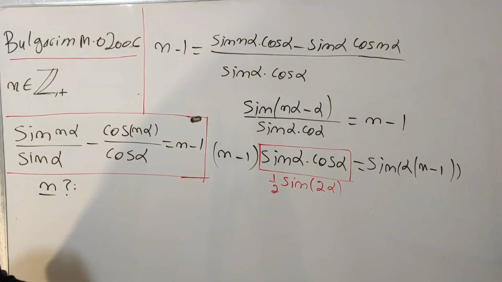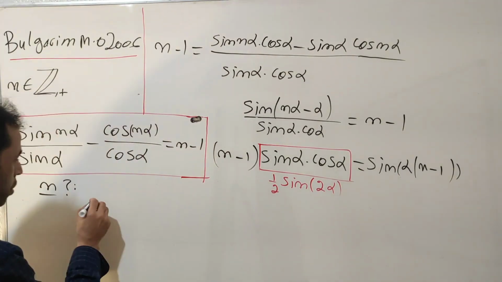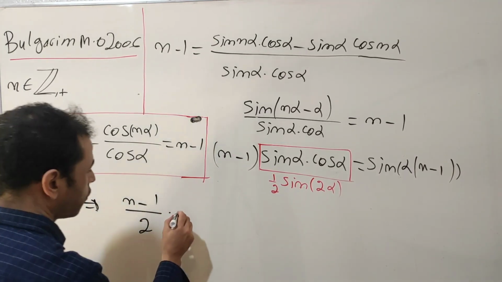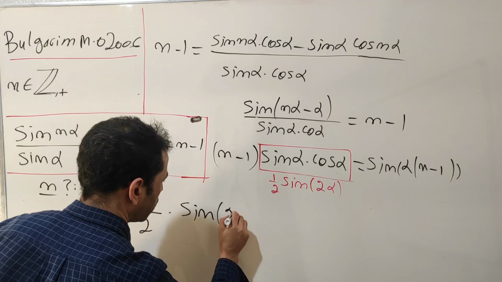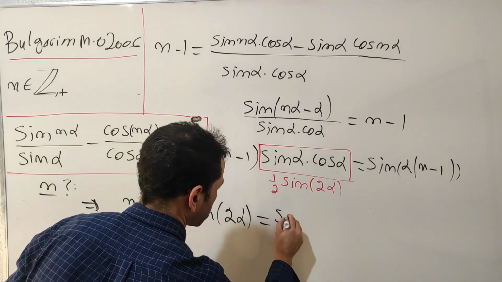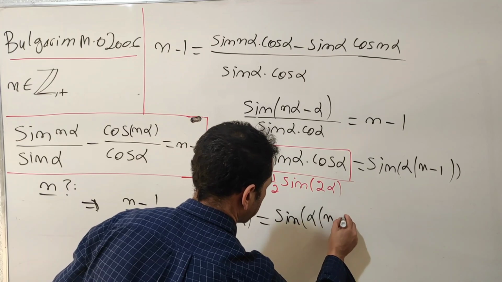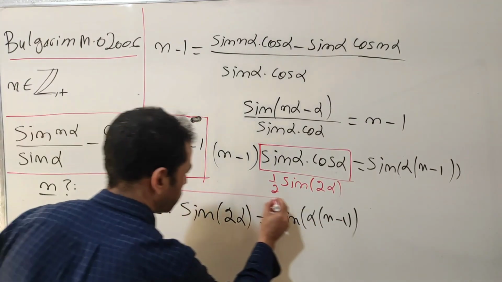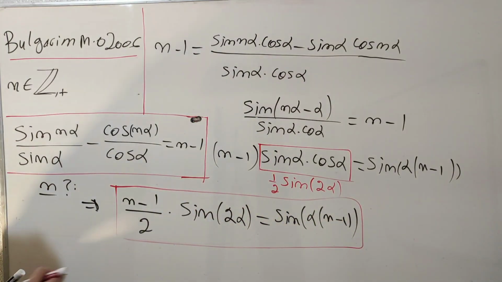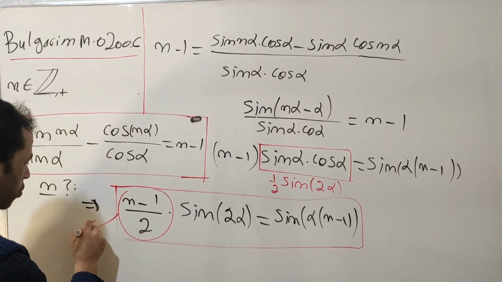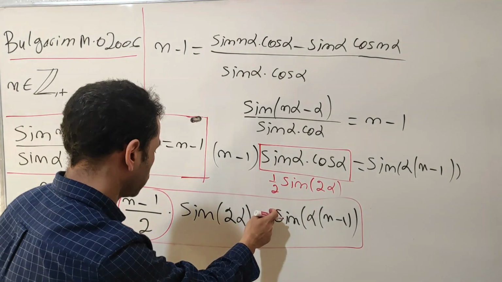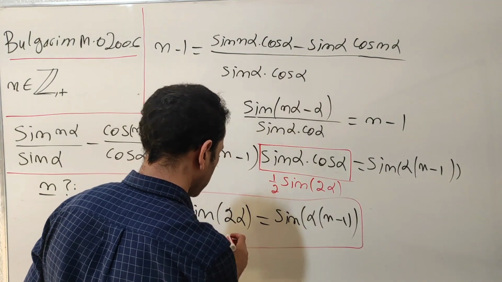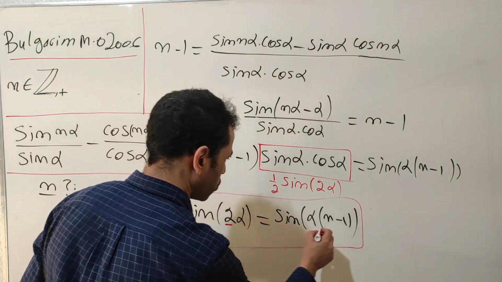It's a very well-known formula, which means I get n minus 1 over 2 times sine of 2 alpha, which equals sine of alpha times n minus 1. So I have ended up with a very nice formula. The coefficient here equals 1, because I'm comparing like terms. Also, inside of the sine, we get this number 2 equals n minus 1.